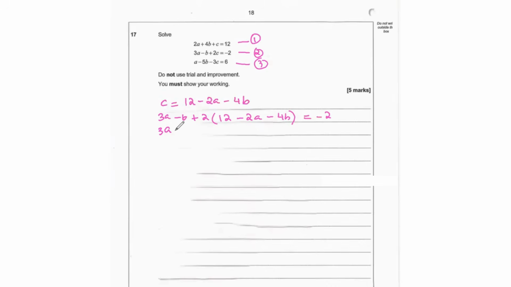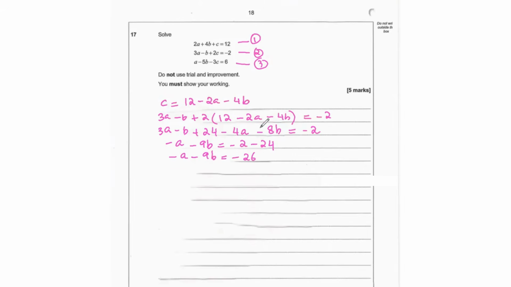So 3a minus b plus 24 minus 4a minus 8b equals negative 2. So 3a minus 4a is negative a, negative b minus 8b is negative 9b, and then negative 2 minus 24 over here. So that's negative a minus 9b equals negative 26.